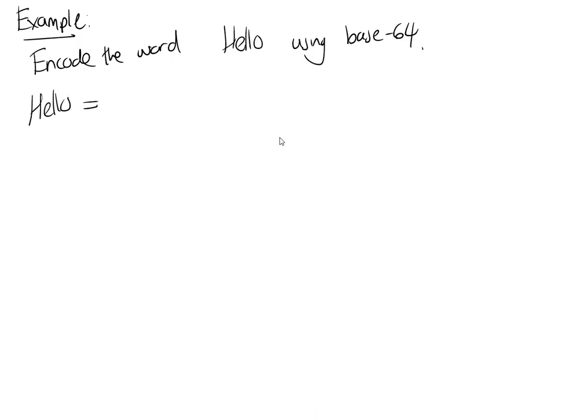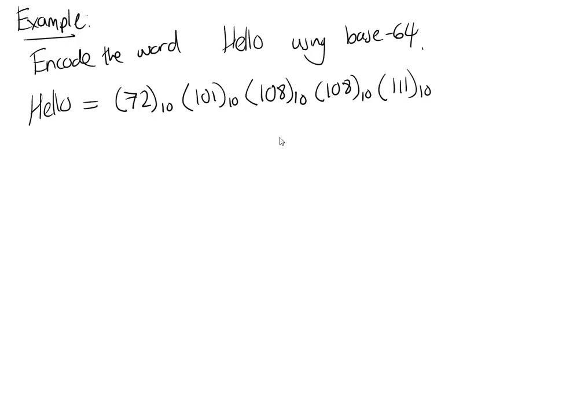If you look up the word hello in the ASCII table that I showed you before, you'll find that H is 72 in base 10, E is 101, small l is 108, and there are two L's so you have two 108s, and then O is 111 in base 10.